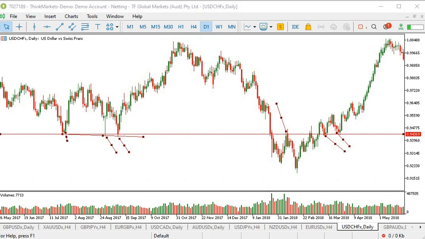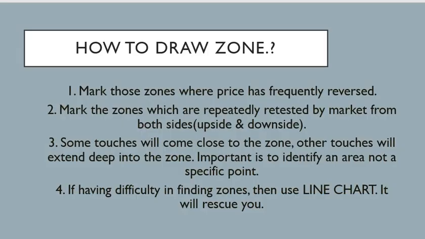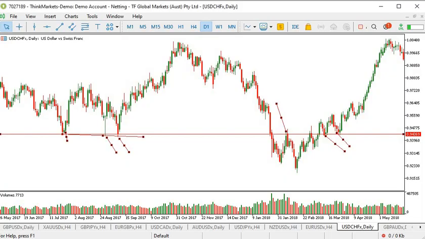Now let's move towards the second point. The second point is to mark the zones which are repeatedly retested by the market from both sides, upside and downside. Let me show it to you on the charts too.